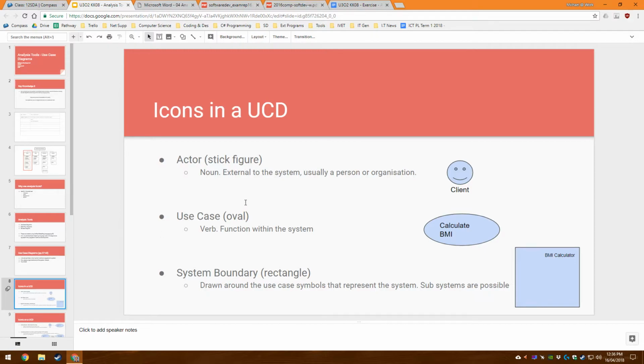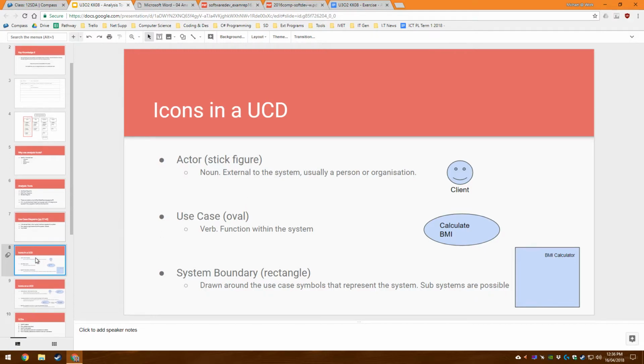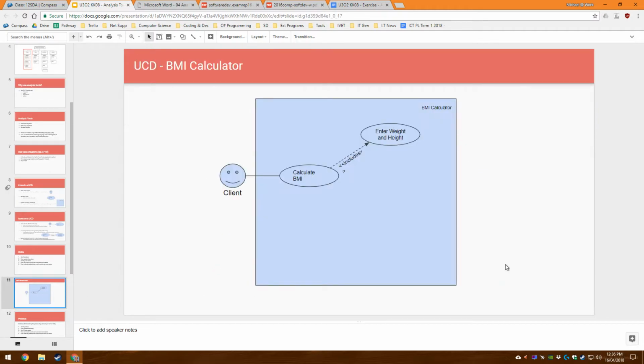Okay, so before I go through the icons, I'll go to a finished one that I've done here. Here's a finished use case diagram that I've created for the BMI calculator that we did for SAC number 1. This represents the stick figure you saw earlier, but Google Drawing only has the head, so it makes it a bit easier.